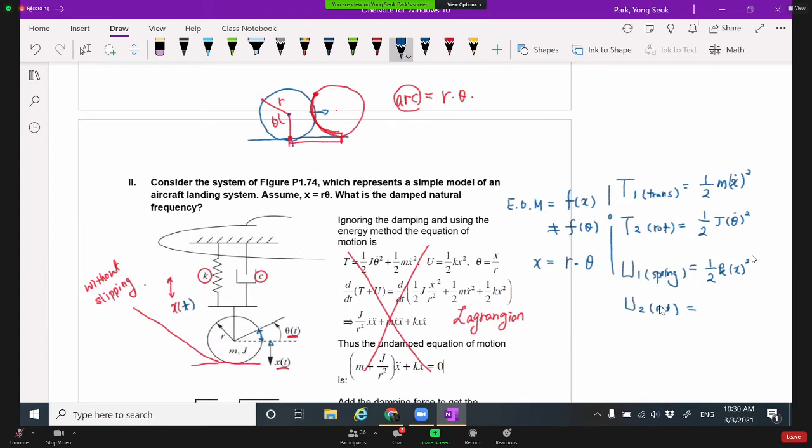Can you see the rotational motion or a height difference? Is there anything related to height differences or like a pendulum? Or let's put it this way: is there anything related to gravity? Yes.